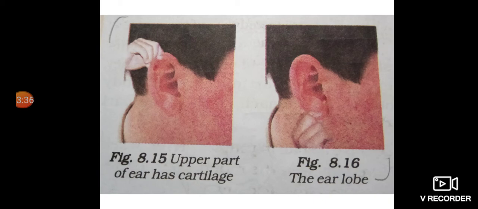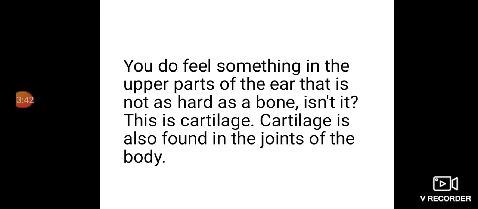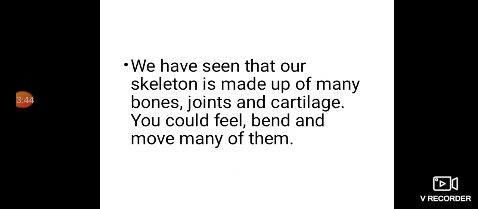Cartilage is also found in the joints of the body. So we have seen that our skeleton is made up of many bones, joints and cartilage. You could feel, bend and move many of them.